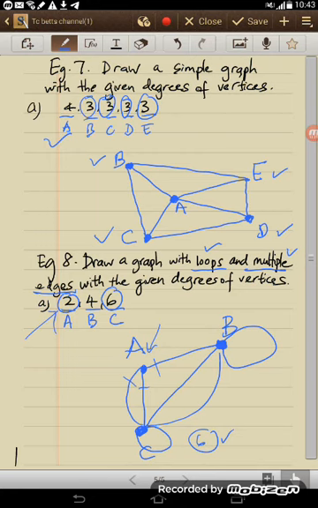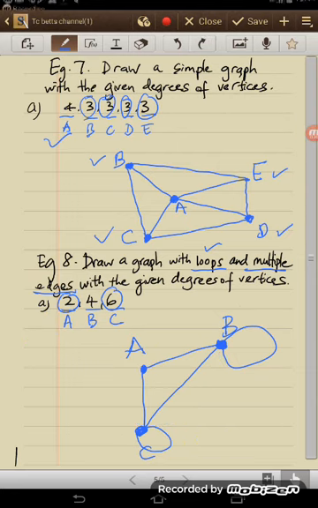B also will become wrong degree, so you cannot put multiple edges, so we have to put another loop here, so that it will become 6, yeah. 1, 2, 3, 4, 5, 6.